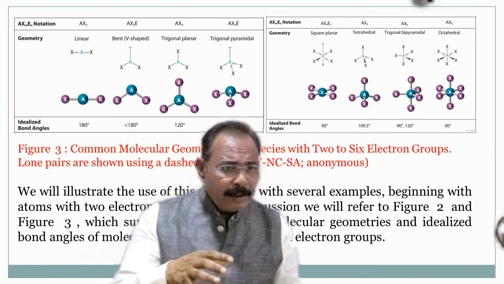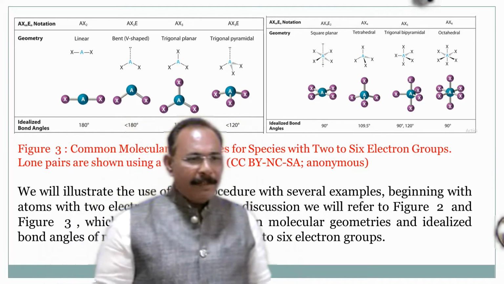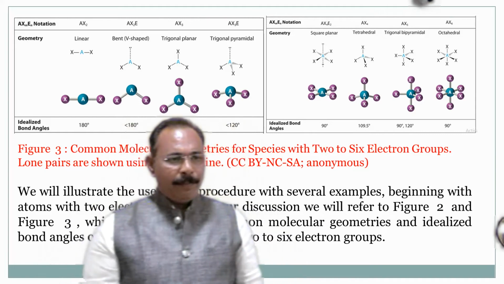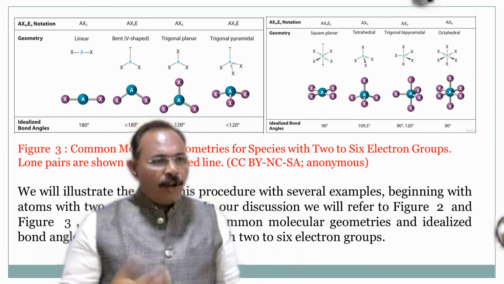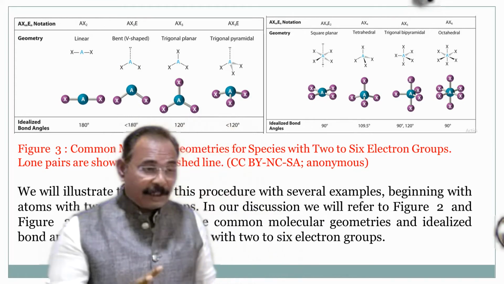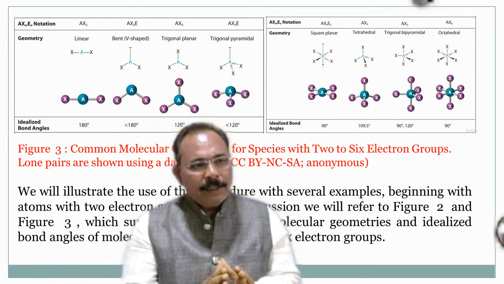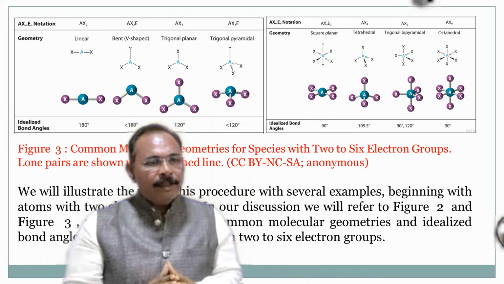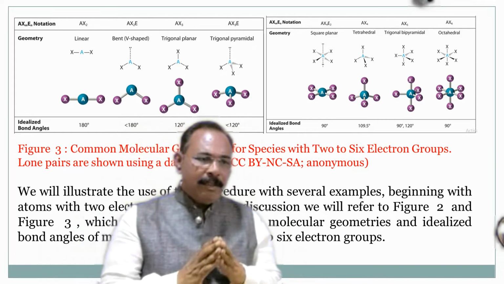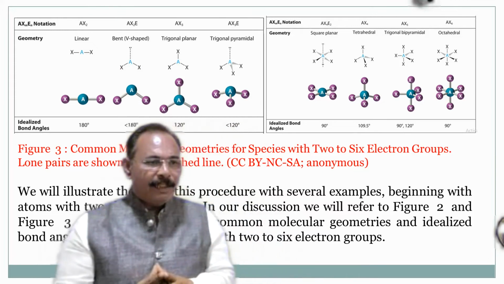Each group around the central atom is designated as a bonding pair or a lone pair. From the bonding pair and lone pair interactions, we can predict both the relative positions of the atoms and the angles between the bonds, called the bond angles.